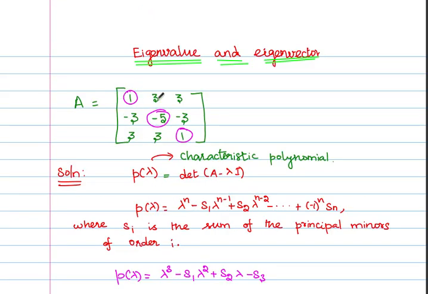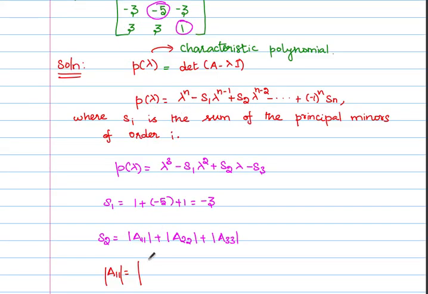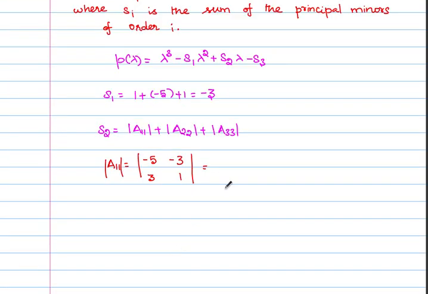You remove the first row and first column, so you get the determinant of minus 5, minus 3, 3, 1. This gives minus 5 plus 9, equal to 4.